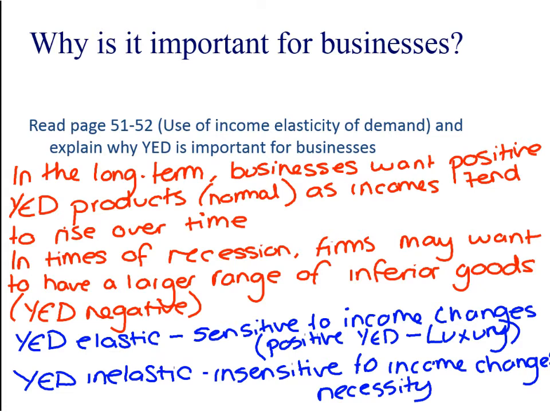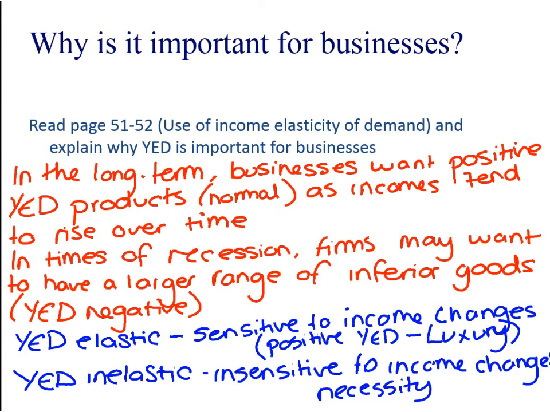Okay, so as incomes on the whole, on average, increase over the long run, you do want products with a YED figure that is positive, because that means it's a normal good. So as incomes increase, demand for those products is going to increase as well over time.